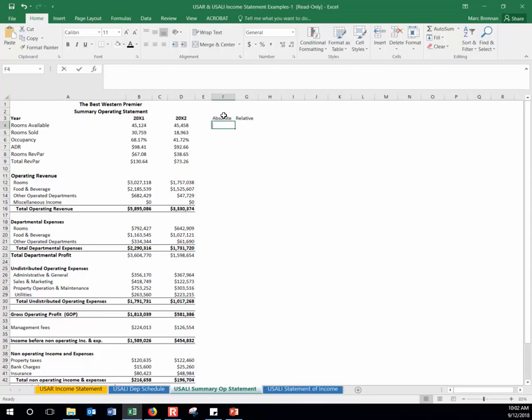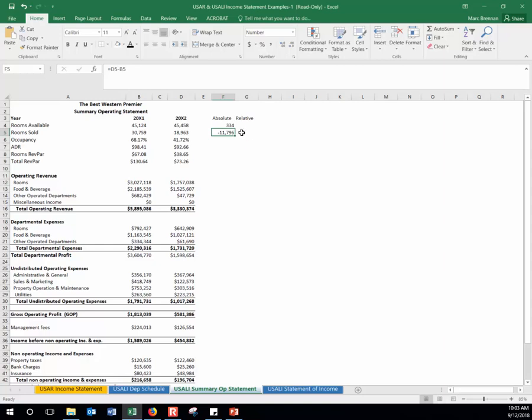Because I want to compare my this year to last year for also all of these items. So 2012, I sold 18,963 rooms. Previous year, I sold 30,759.